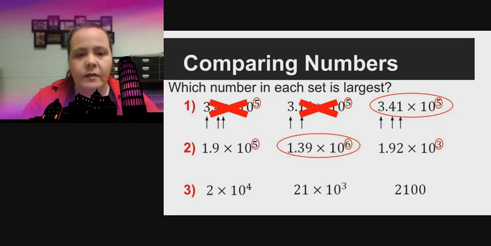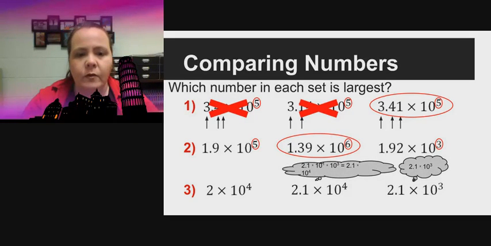And looking at the third set, if you'll notice, 21 times 10 to the third and 2100 are not in scientific notation. So we're going to get those in scientific notation. 21 times 10 to the third becomes 2.1 times 10 to the fourth. When we make that mantissa smaller by moving the decimal, we have to add a power of 10. And then 2100 becomes 2.1 times 10 to the third.